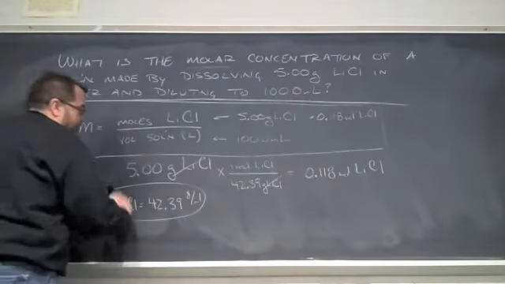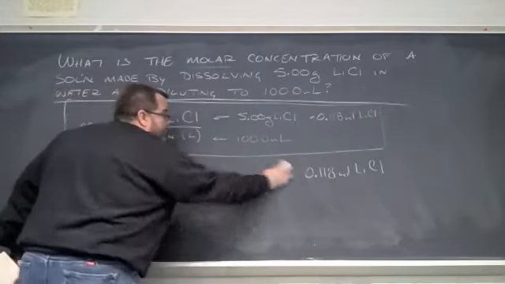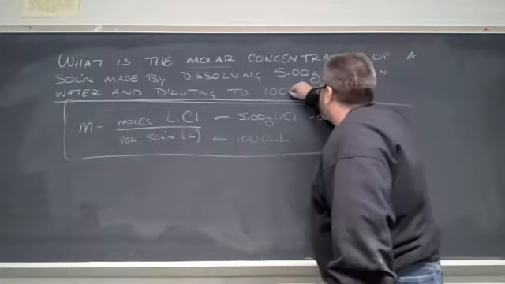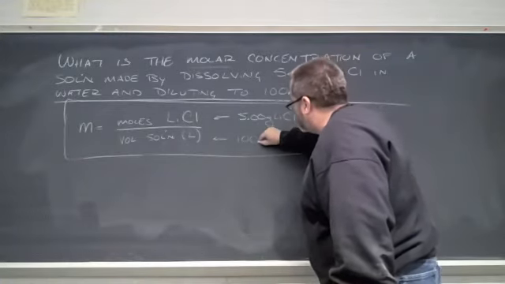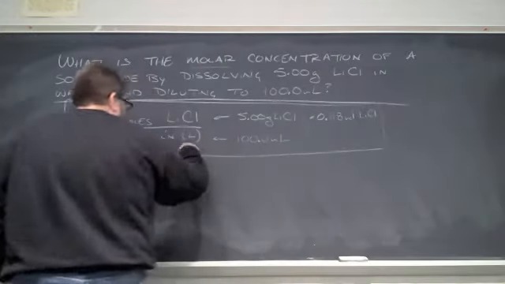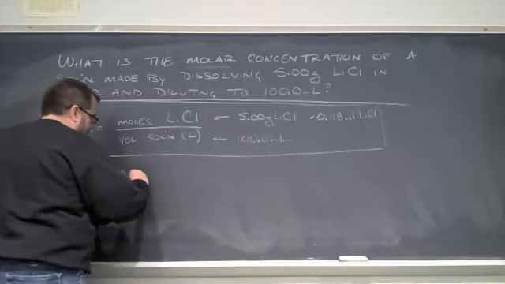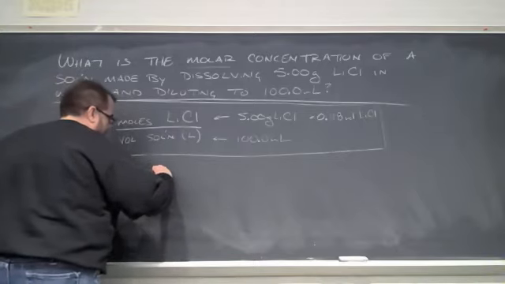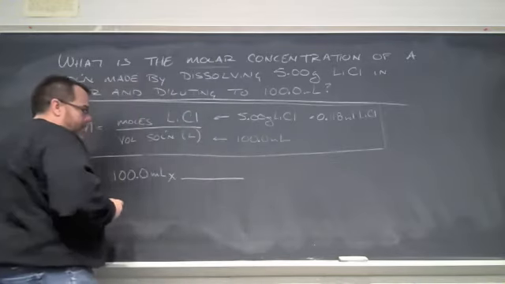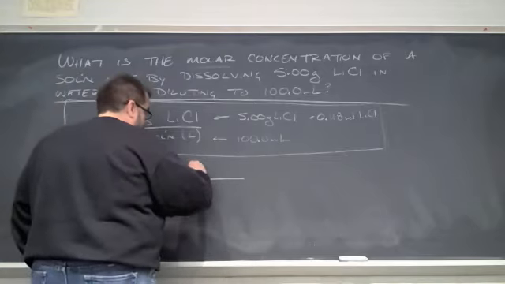Now we'll do the same thing with the denominator. We've got 100 milliliters. So we've got the volume already. We just have to put it into liters. And we should remember that there are 1,000 milliliters in a liter.